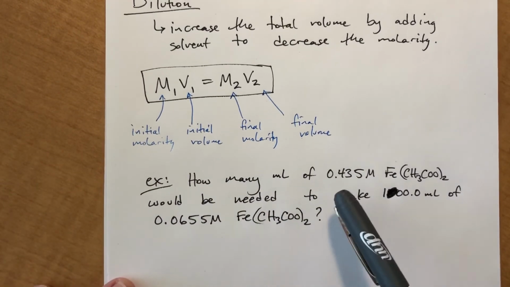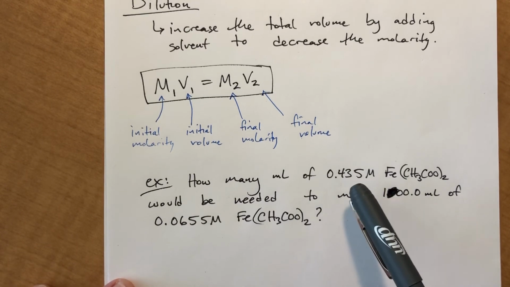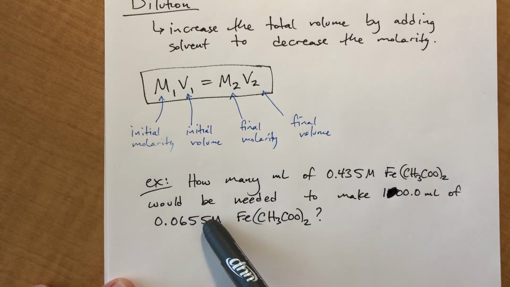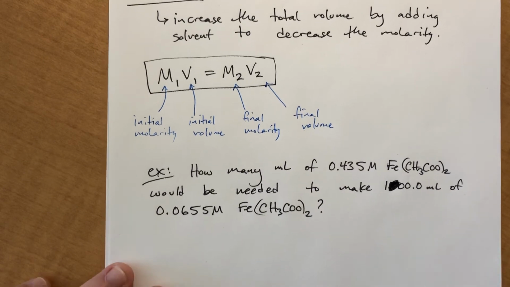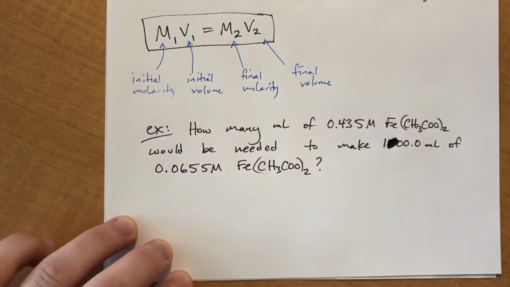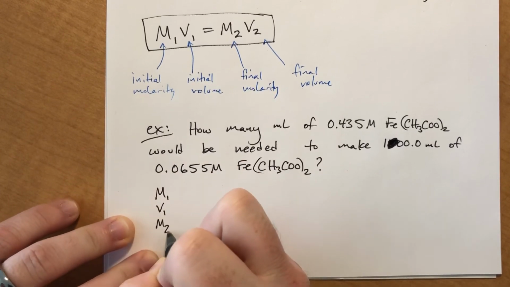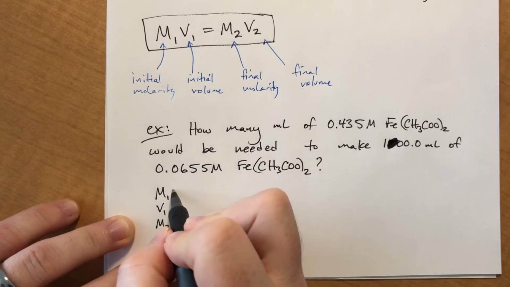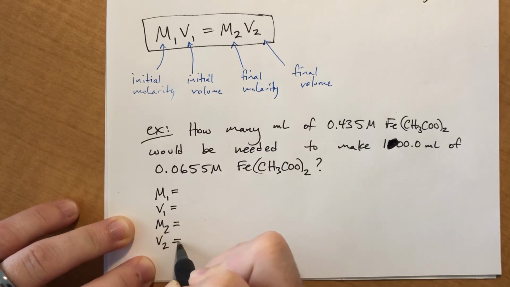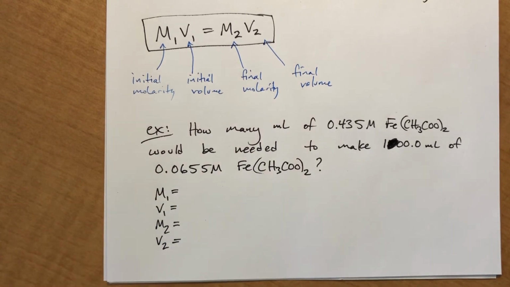Okay, so we're going from a higher concentration to a lower concentration, and we have a final volume of 100. So literally, we just use this equation. What I'm going to recommend you do is just write M1, V1, M2, V2, and see what you know and what you don't know. It really doesn't matter which one's initial and which one's final, as long as you're consistent.